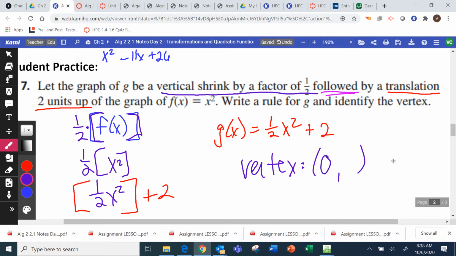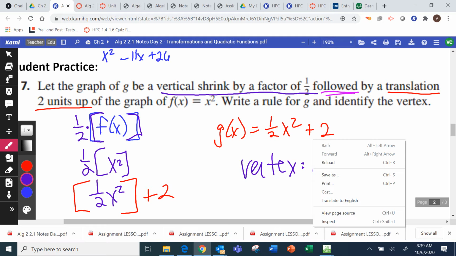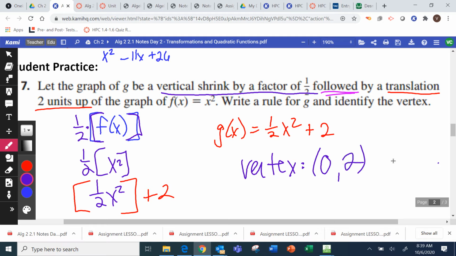And then the vertical translation, Gennaro, what's the vertical translation? Up or down? What number? Positive or negative? Positive, does that go up or down? Up, 2, plus 2. So we have our vertex.